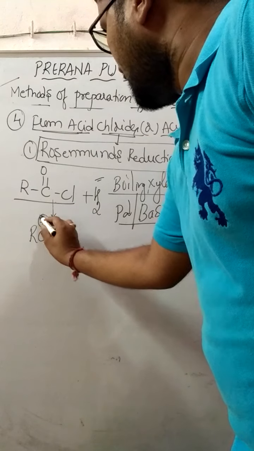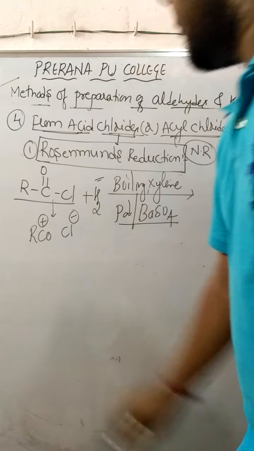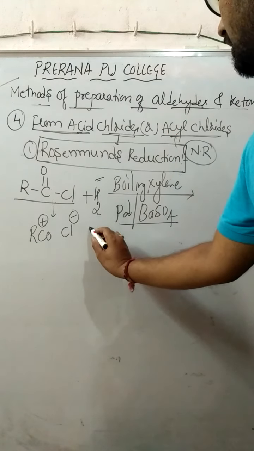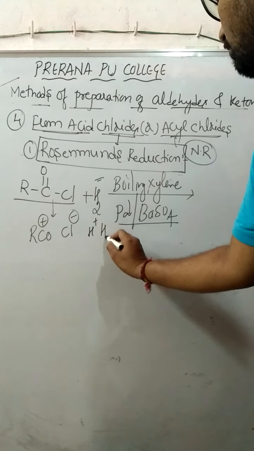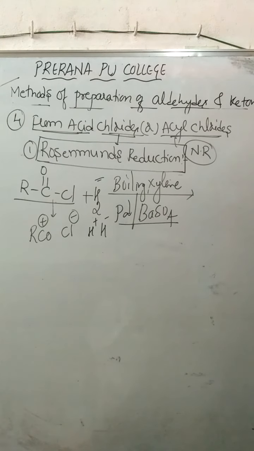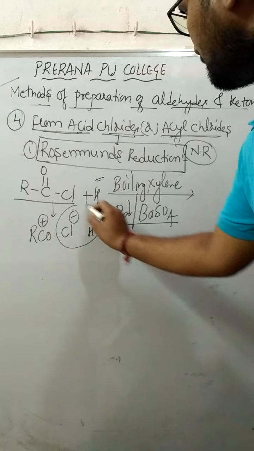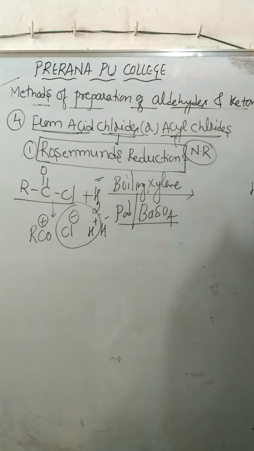It ionizes as RCO plus and Cl minus, and this hydrogen undergoes heterolytic fission to form H plus as well as H minus, so that this H plus will combine with Cl minus to form HCl as an intermediate, along with the formation of RC double bond O single bond H. So this is the method by which an aldehyde can be obtained.